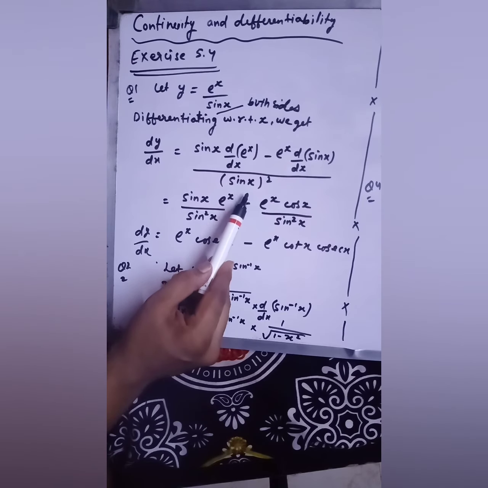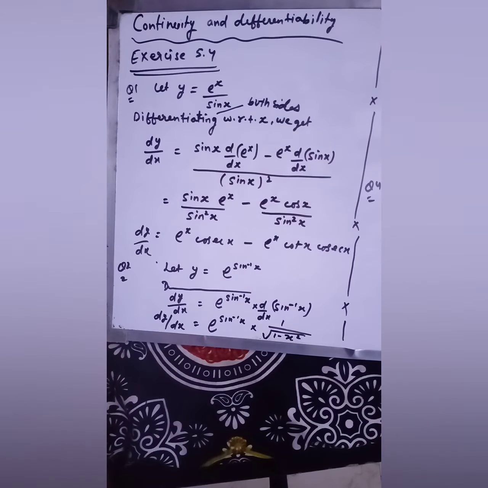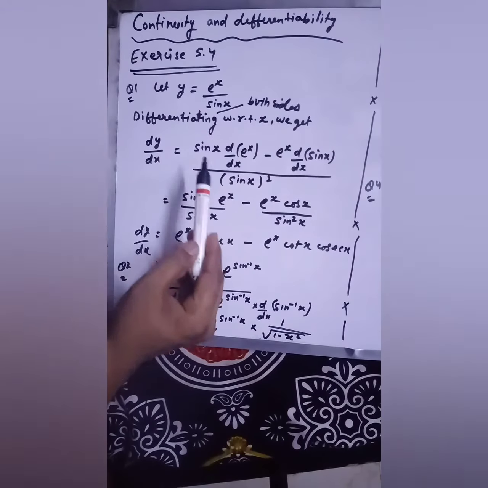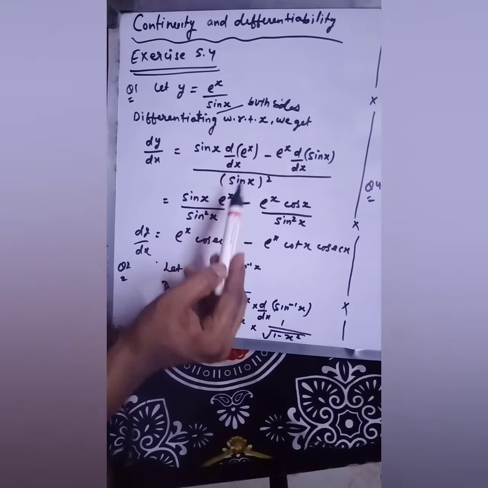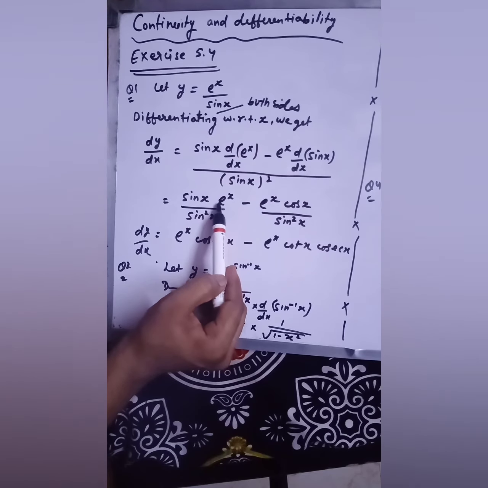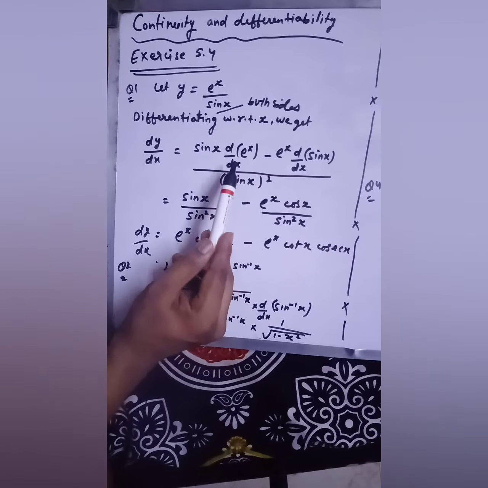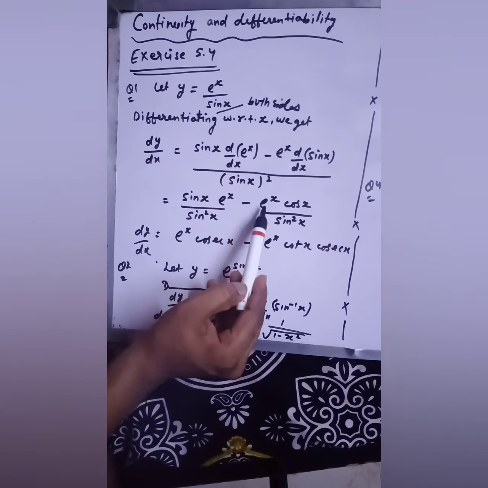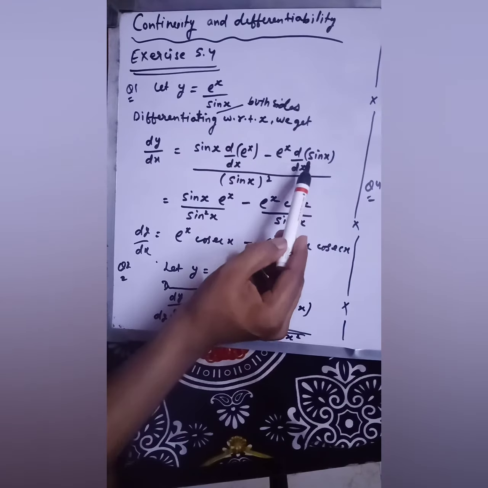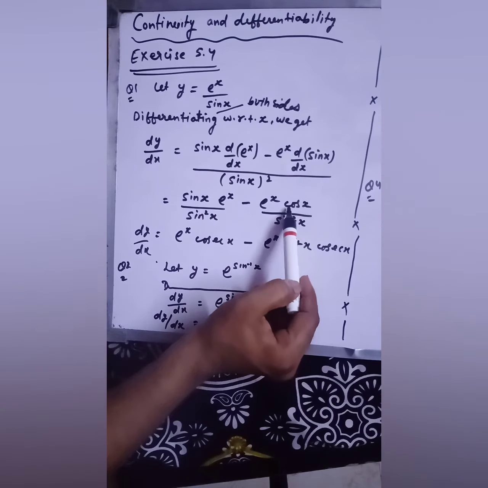After this step, we can write sin x will remain the same, and the derivative of e raised to power x will remain e raised to power x, as you know the derivative of the exponential function remains the same, minus e raised to power x remains the same, and the derivative of sin x will be cos x.